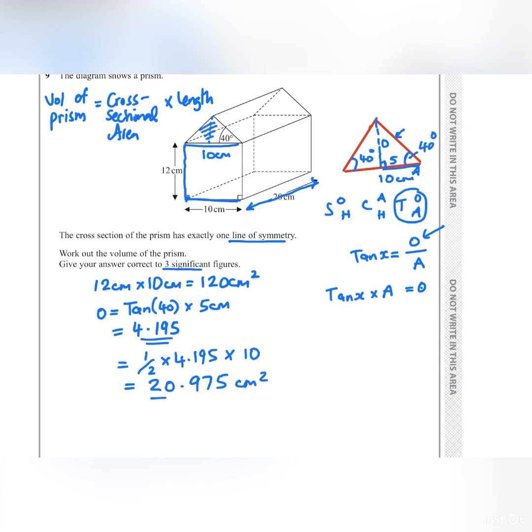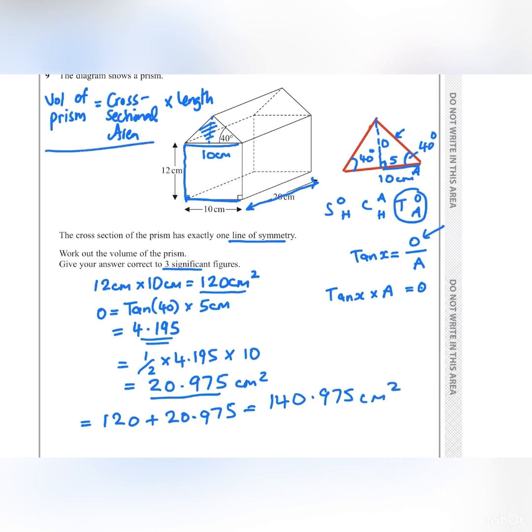So the area of the triangle is 20.975, and the area of the rectangle that we worked out earlier, so add these two numbers together, 120 plus 20.975. That equals 140.975. So that's the cross-sectional area.